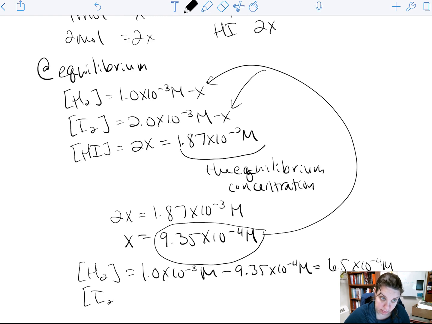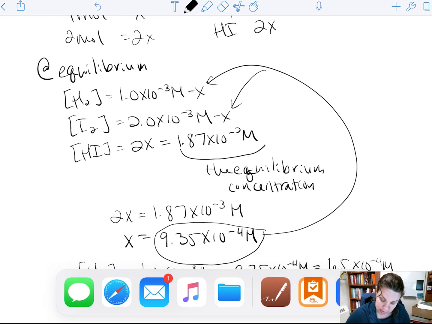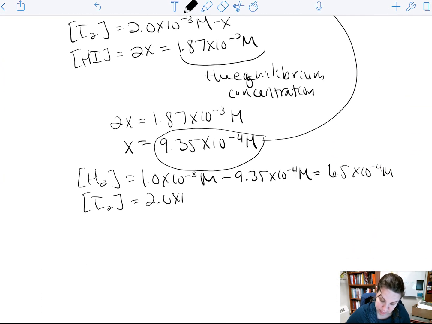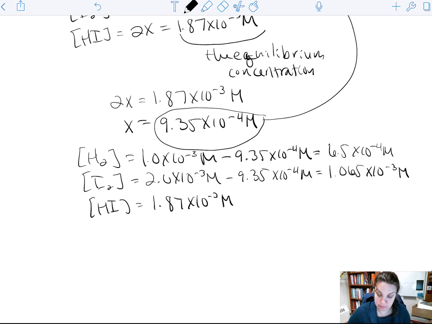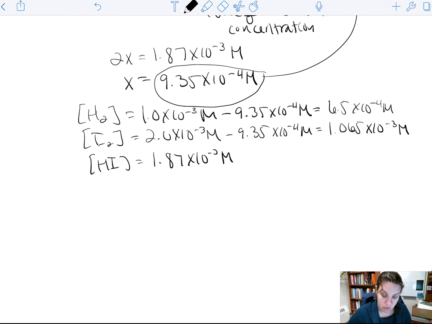And then our I2 would be 2.0 times 10 to the negative 3 molar minus 9.35 times 10 to the negative 4 molar, equal to 1.065 times 10 to the negative 3 molar. And then our HI is equal to 1.87 times 10 to the negative 3 molar.